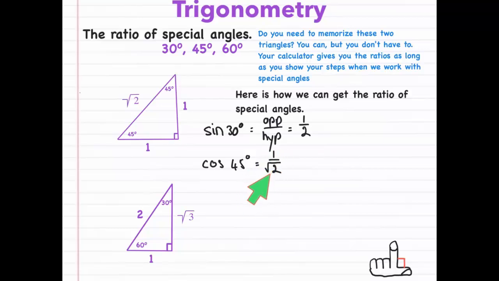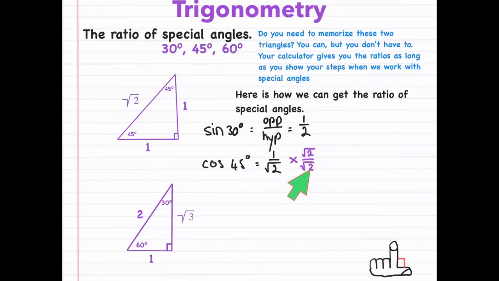But then here's what we had to do. 1 over the square root of 2 cannot be left as 1 over square root of 2. We had to rationalize the denominator because we can never have a denominator with a square root. So we multiply with square root 2 over square root of 2, which is the same as multiplying with 1, because square root of 2 over square root of 2 is equal to 1, right?